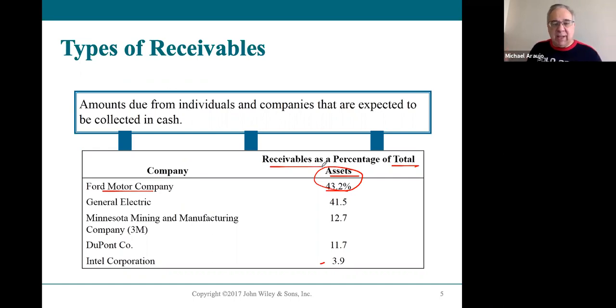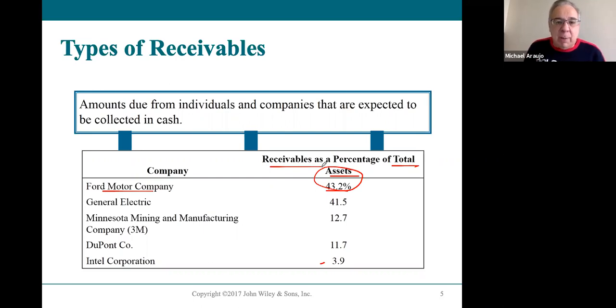Ford Motor Company makes cars and trucks and SUVs, and they sell those to regional distributors. Those distributors are not paying cash for all of those cars, trucks, and SUVs. They might be paying down something, so there might be some cash involved for sure, but most of it is sold on account.